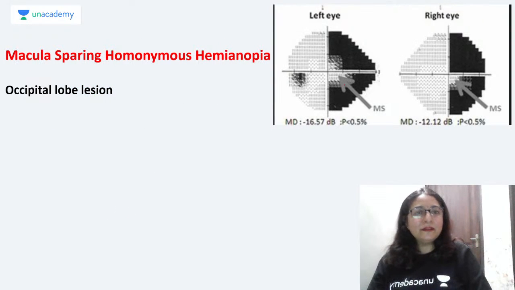For the occipital cortex, once again, the macula will be spared. So this is how a macula sparing homonymous hemianopia will look. As you see, the hemifield is gone, but the central field which represents the macula is spared. This is typical of occipital lobe lesion due to infarct involving the posterior cerebral artery.